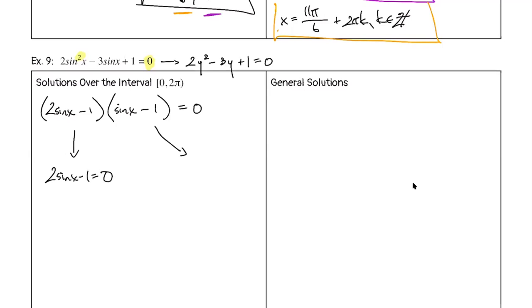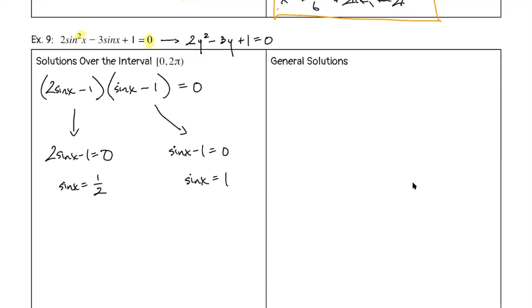In that first one, we'll get sine x equals 1/2. And in the second one, we'll get sine x equals 1, okay? Now we're just thinking about which angles around the unit circle fulfill those requirements. For the first one, we should get x equals pi over 6 and 5 pi over 6.